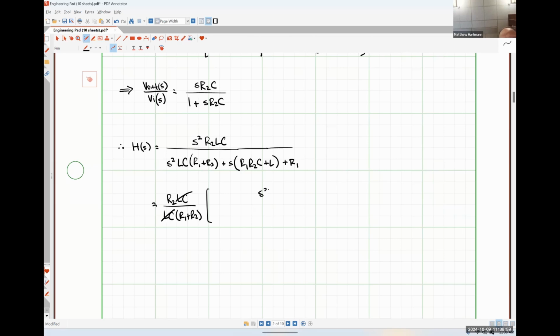And then I would have S squared divided by S squared plus R1 R2C plus L over LC times R1 plus R2 times S plus R1 divided by LC times R1 plus R2, like so.